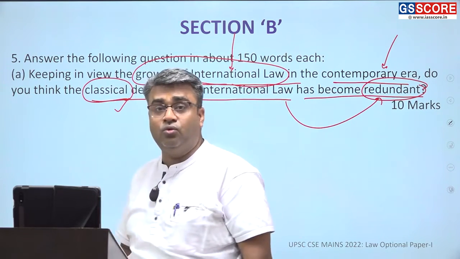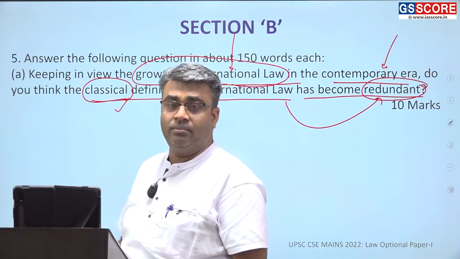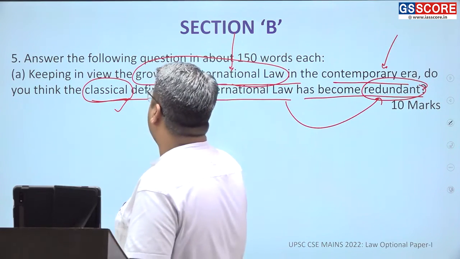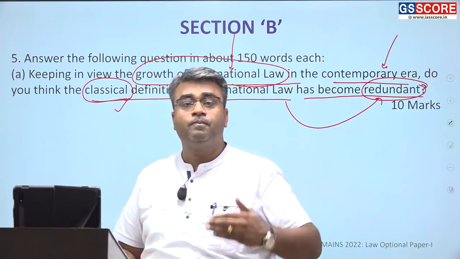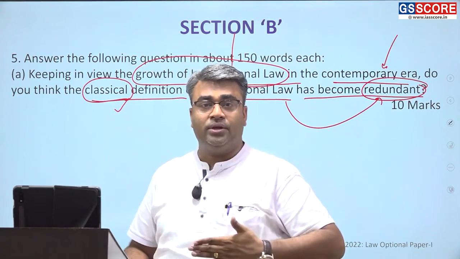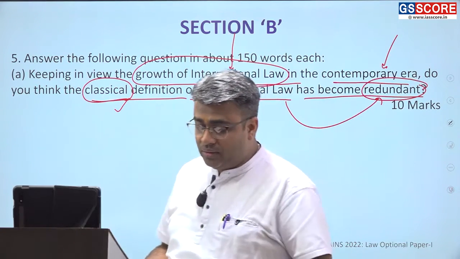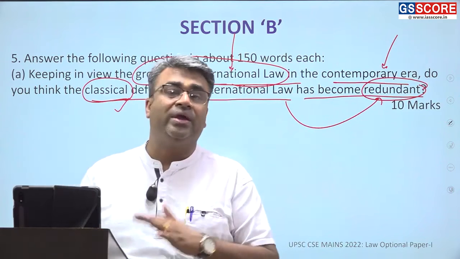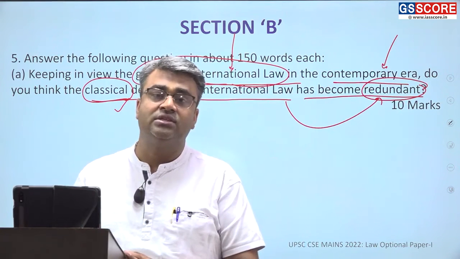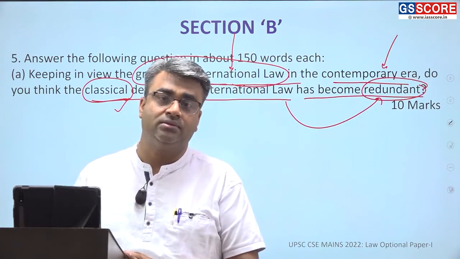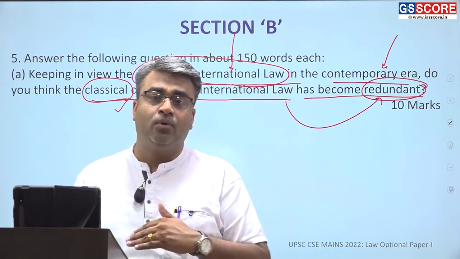But as per my view, those definitions are still applicable because in international law, the ultimate criterion is mutual interest actually. I used to say only one thing: there are no friends, no enemies in the international scenario. It is only mutual interest. So everything is based upon mutual interest.